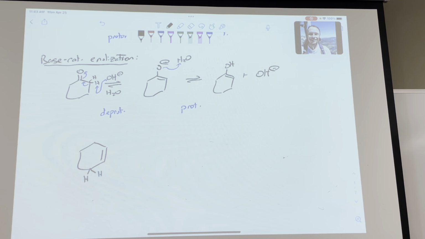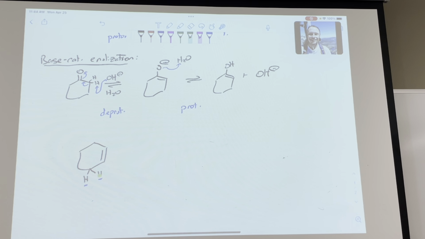So if we were going to try to deprotonate these protons down here, do you think that would be an easy task? Could we just throw in hydroxide here and make the C- species of this alkene? I think it'd be easier if it was just like cyclohexane. Yeah, you're right.